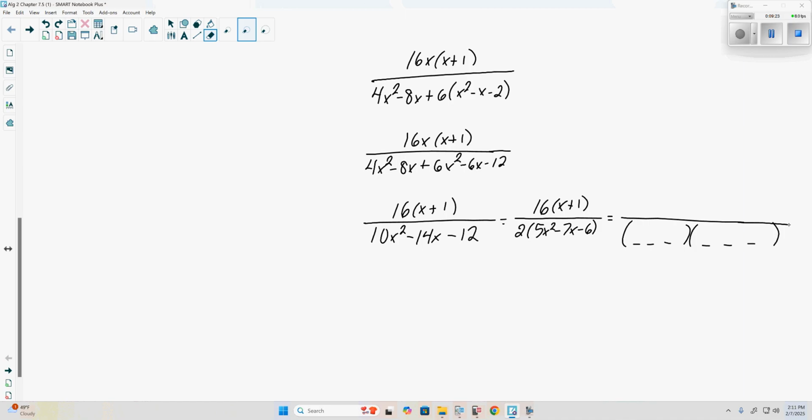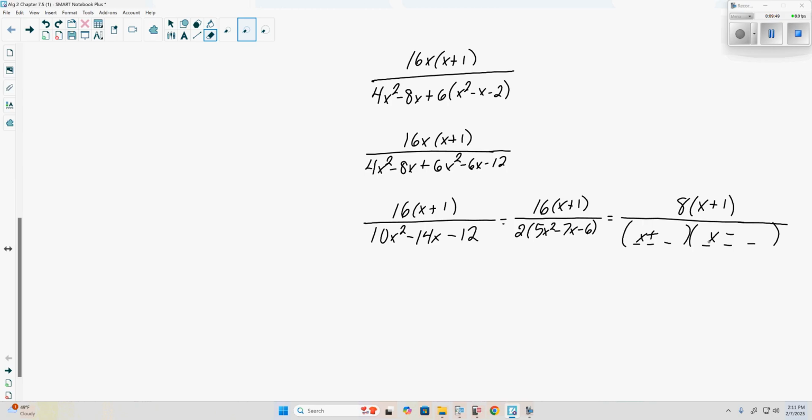All right, let's make this a little bit nicer. 16 over 2 is what? Because we can see the 16 over 2 is going to reduce eventually, yes? 16 is going to reduce to 8. And the 2 on the bottom is now gone. 5x squared minus 7x minus 6. Our signs are going to be opposite because the third term's negative.